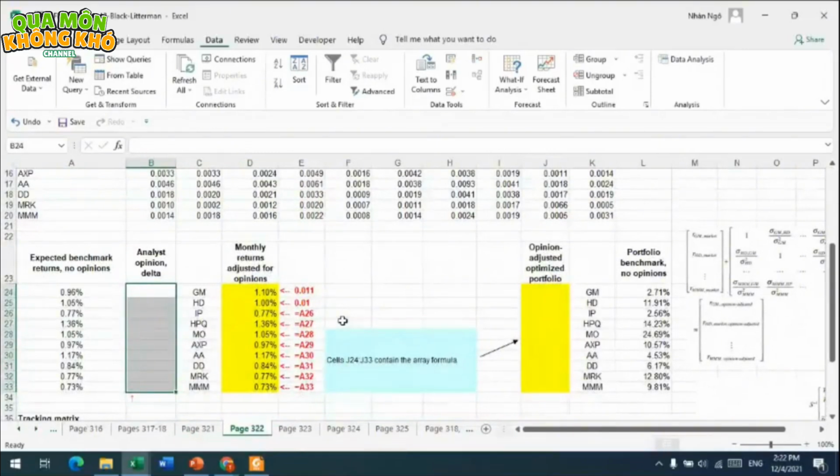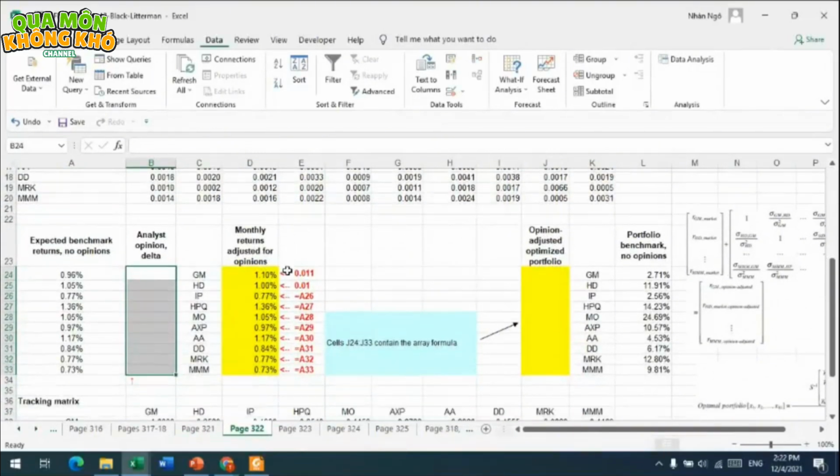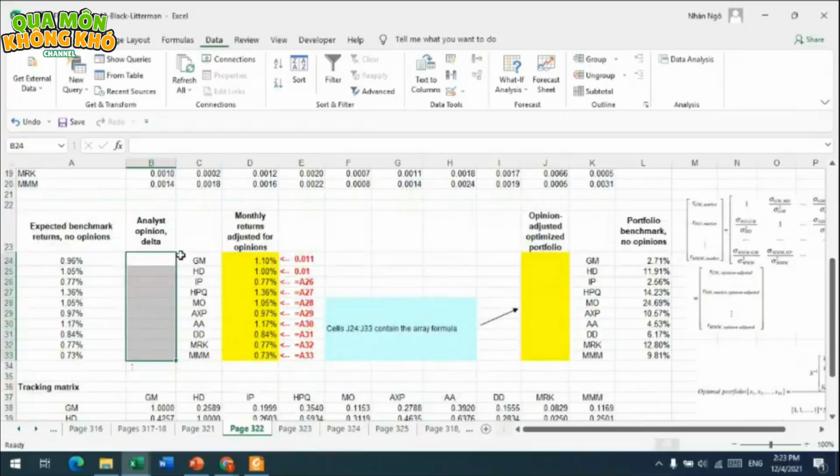Here I adjusted the return for the GM and HD stock, which would change as written in the Excel. You can see here it will change to 1.1%, and the HD stock will change to 1% instead of the market return. So we will use this formula.